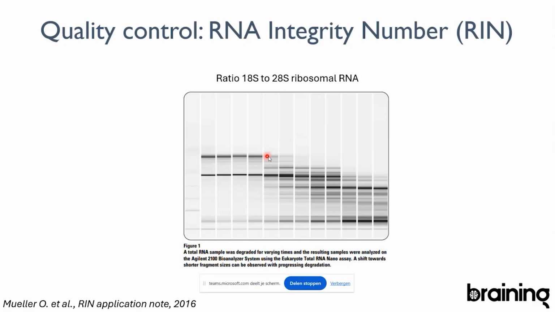And you can see here that if there is degradation of the sample, you can get all kinds of other bands of degraded RNA. The 28S will not be present anymore. And so basically this really shows if your RNA is complete, yes or no. That's what you can see here as well. Here the RNA would be complete. Here it's kind of completely degraded. Okay, so that's for the quality control.